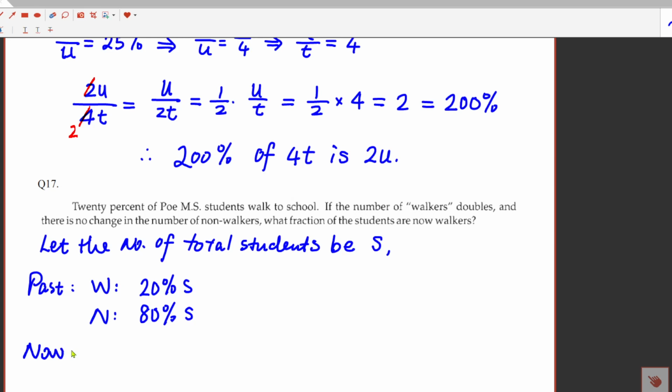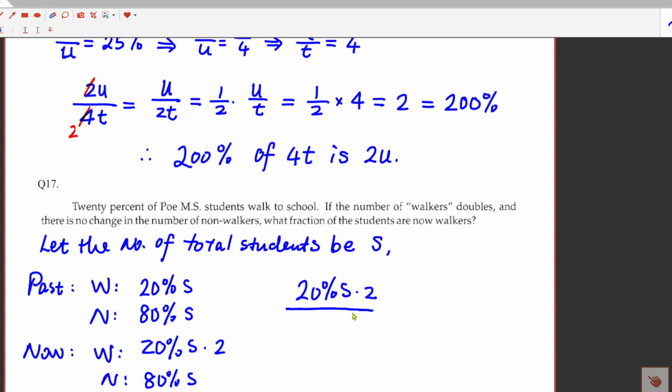And now the total number of walkers becomes twice the original, which is 20% of S times 2, non-walkers unchanged, and we know that the fraction of the students for walkers is 20% of S times 2 over 20% of S times 2 plus 80% of S. That's the total number of students now, right?